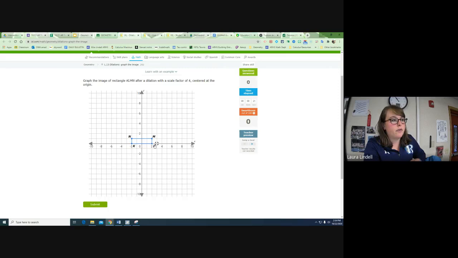So instead of over 2 up 1, it'll be over 8 up 4. For this one, instead of just over 2, it's going to be over 8. For this one, instead of over -2, it's over -8. And then instead of over -2 up 1, it'll be over -8 up 4.